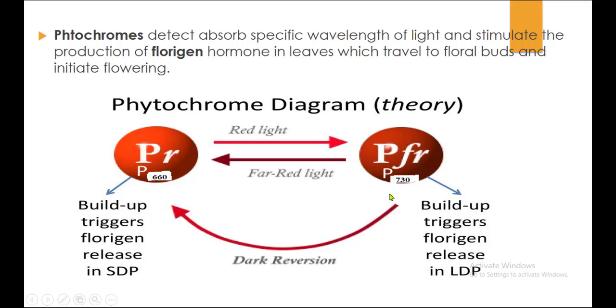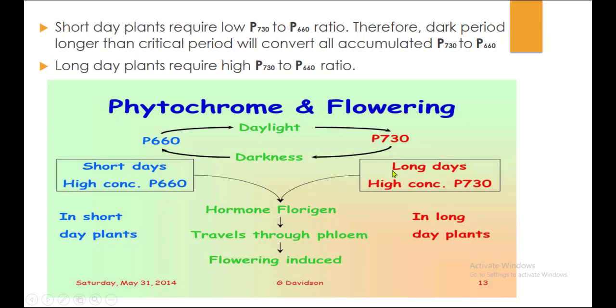So a greater dark period means greater P660 and less P730, and a low P730 to P660 ratio is important for short day plants.